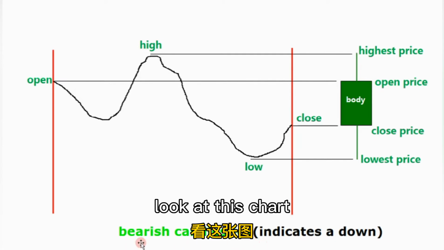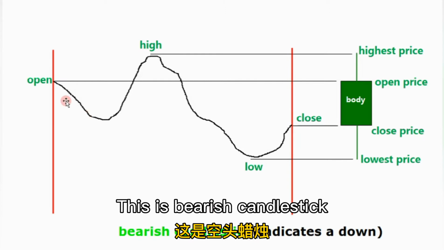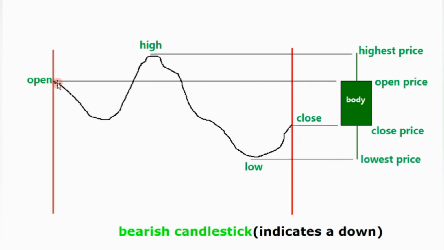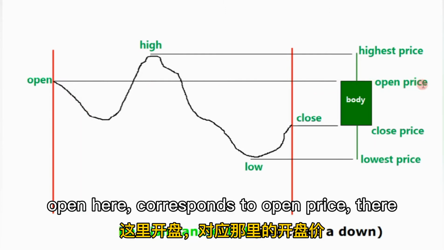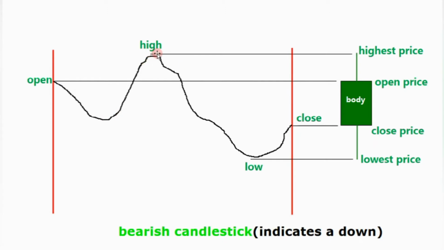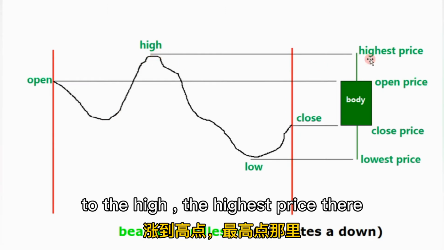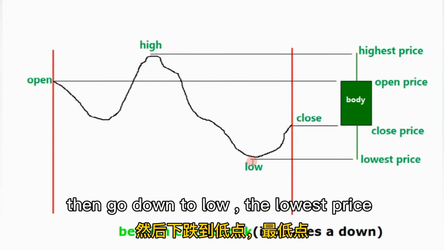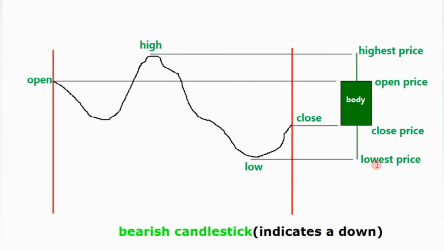Look at this chart. This is a bearish candlestick. Open here corresponds to the open price there. And then it goes up to the high, the highest price there. And then it goes down to the low, the lowest price here.